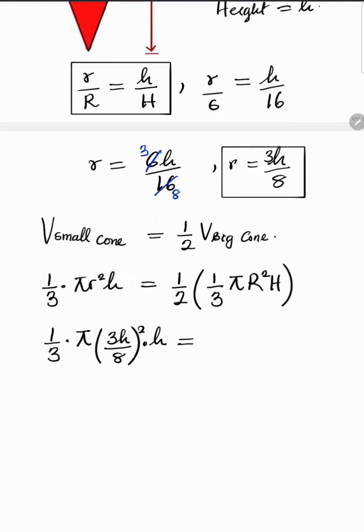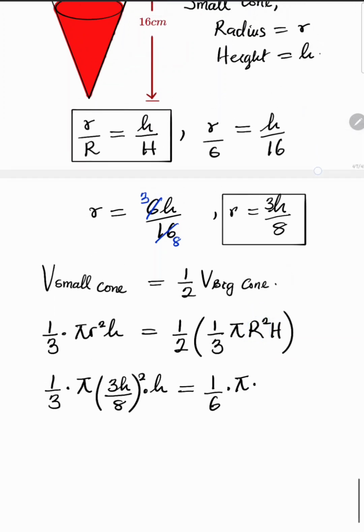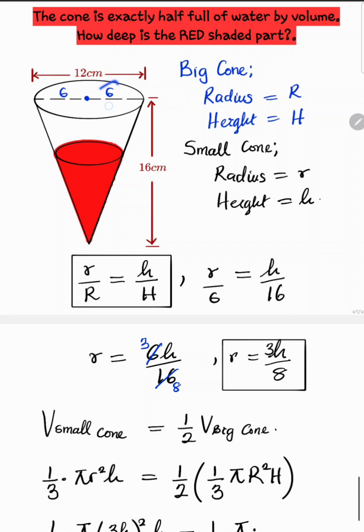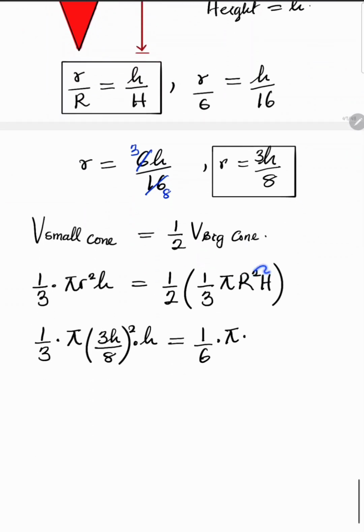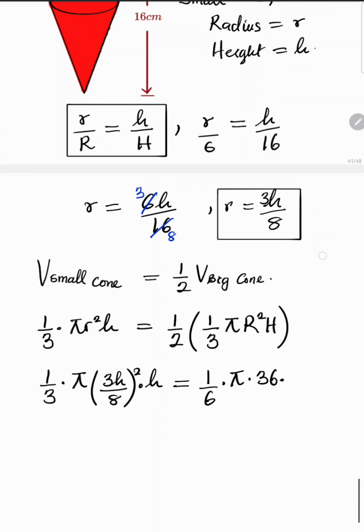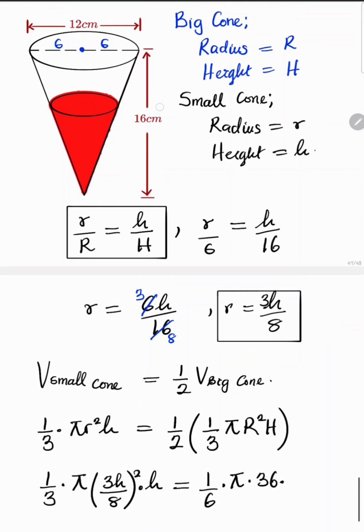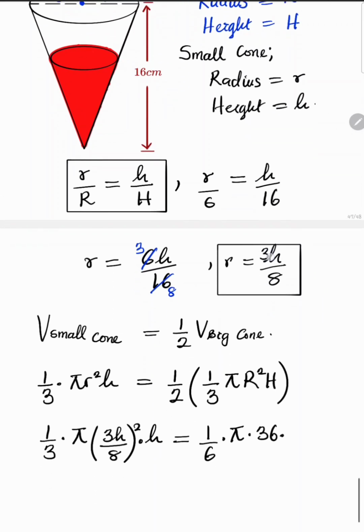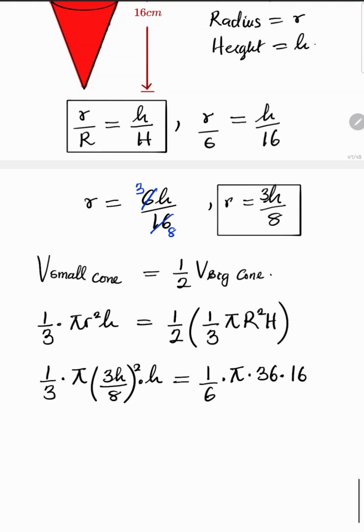So it's going to be equal to, if we open this with 1 over 2, we have 1 over 6, then pi, and the radius of the big cone, which is big R, radius is 6, and 6 square will give us 36. Likewise, the height is 16, so multiply by 16.